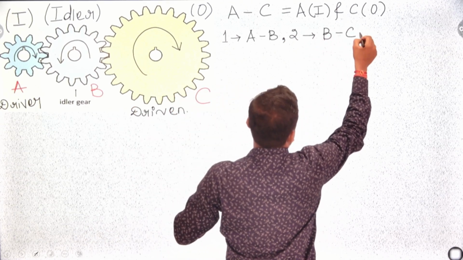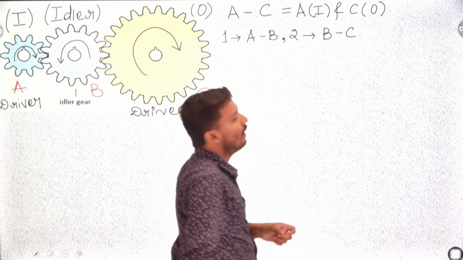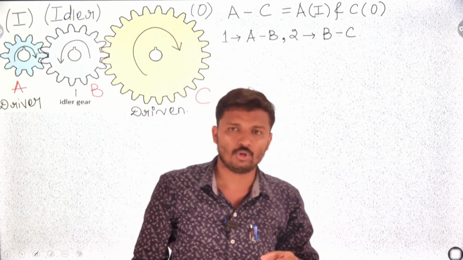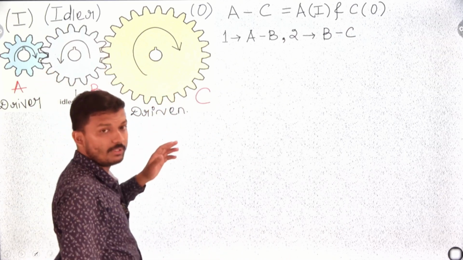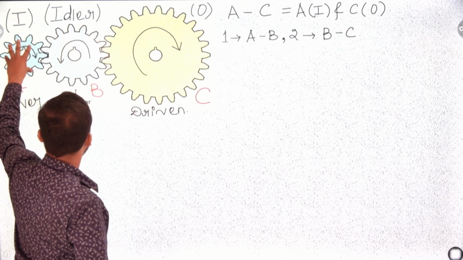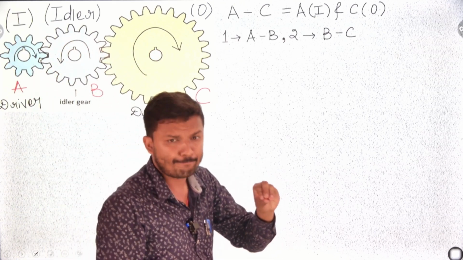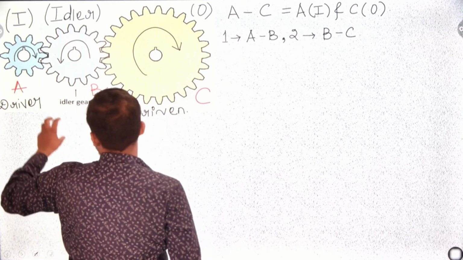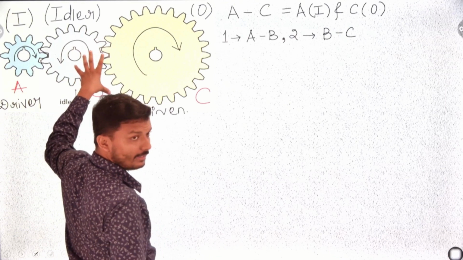After these two conditions are fulfilled, we get the AC result. Because these are three different sizes of gear, this one is very small, this one is medium, and this one is large. Taking a very simple example, suppose this one is 10, this one is 20, and this one is 40.